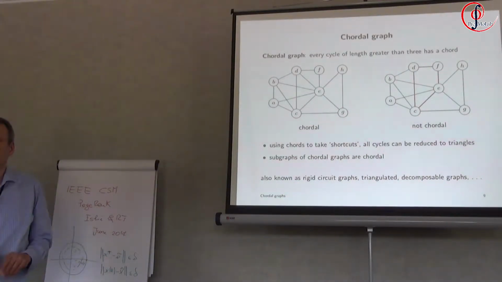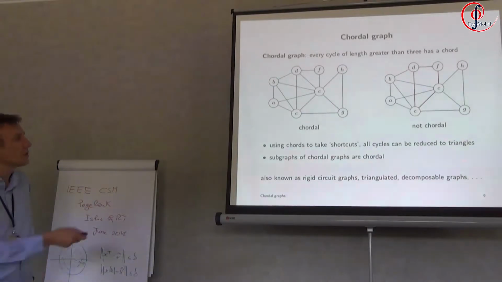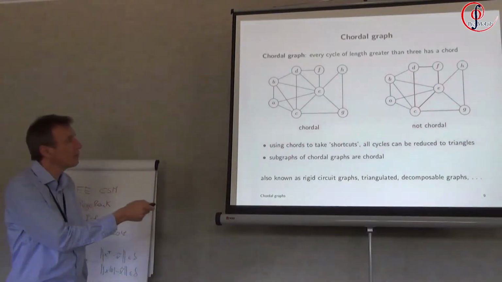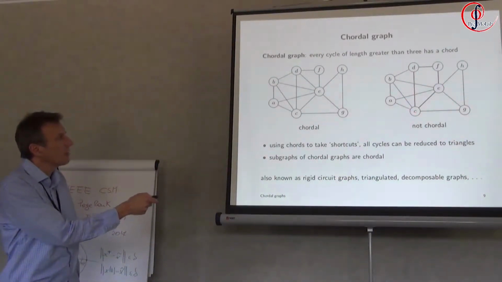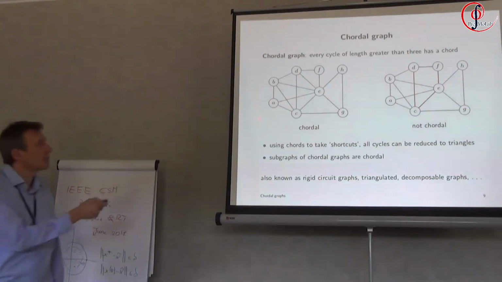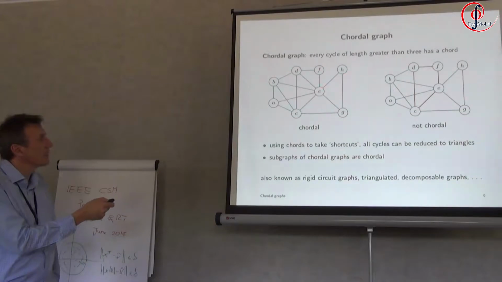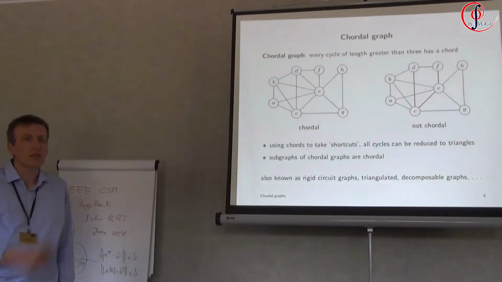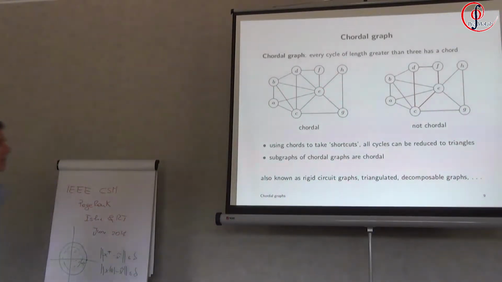There are no cycles of length greater than 3 without a chord. So for example, this is not a chordal graph because this cycle in red has length 4 and it has no chord. This is chordal because you can check for all possible cycles that there is always a chord.